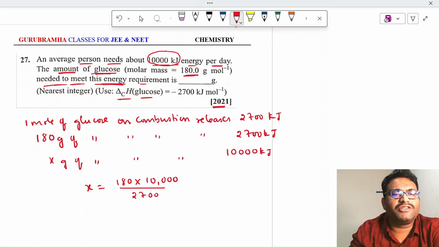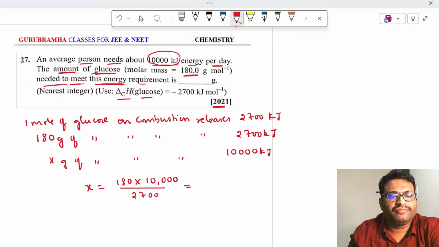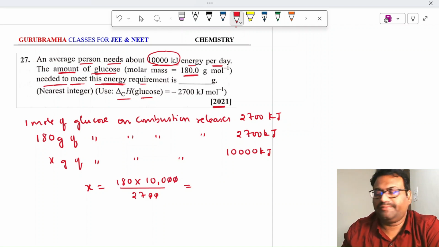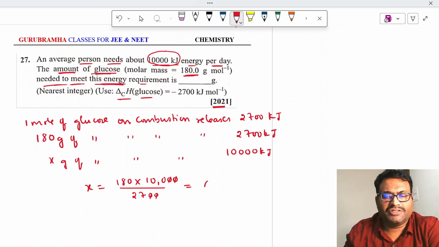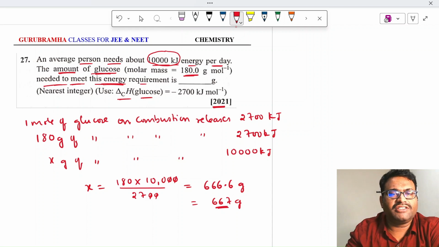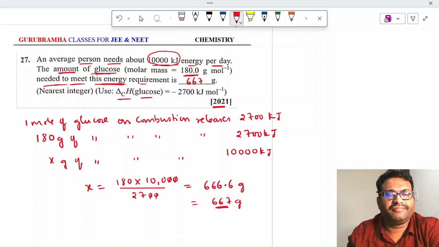How much glucose has to be burnt in his body? Then what will be the answer? 666.6, right? These many grams are required. So the nearest integer will be 667 grams.